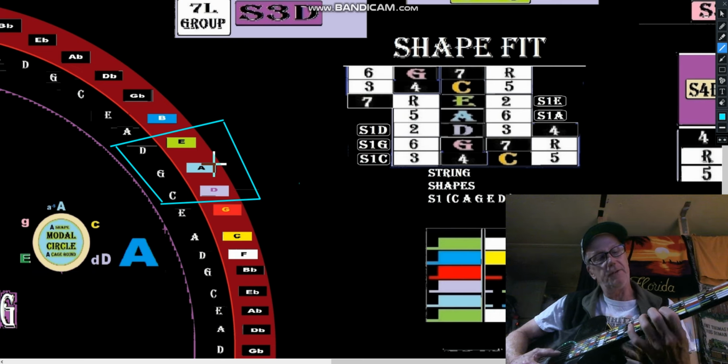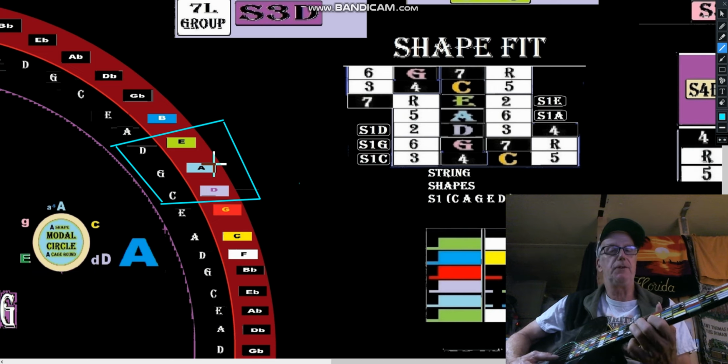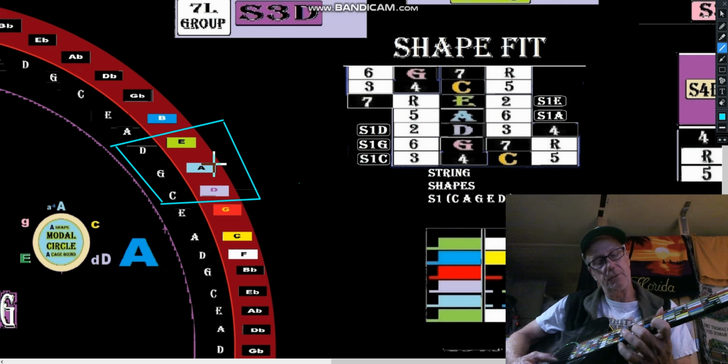And then the fifth of E string shape goes to the C string shape, augmented fifth. Okay, fifth of C goes to the G string shape, 6/7 root. Fifth of G goes to the D string shape, 2/3/4. Fifth of 2/3/4 D string shape goes to the A string shape again.